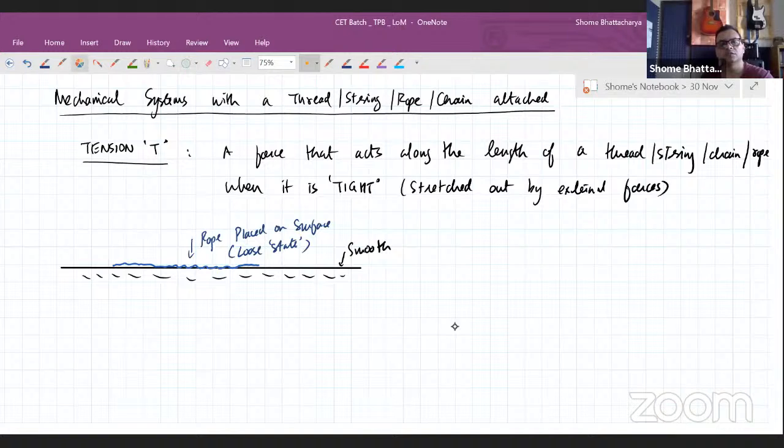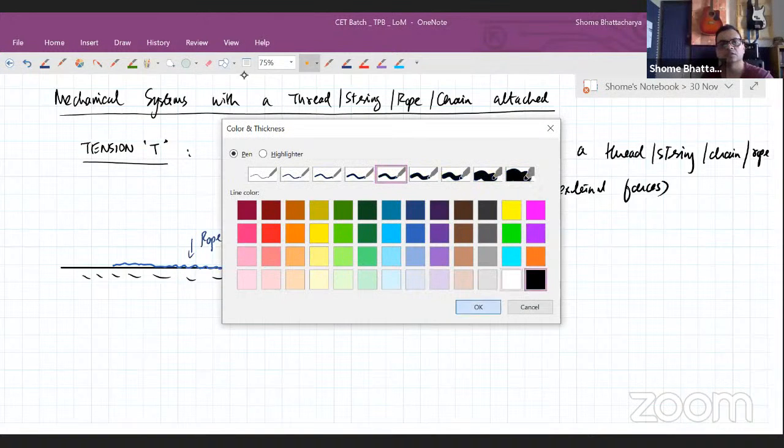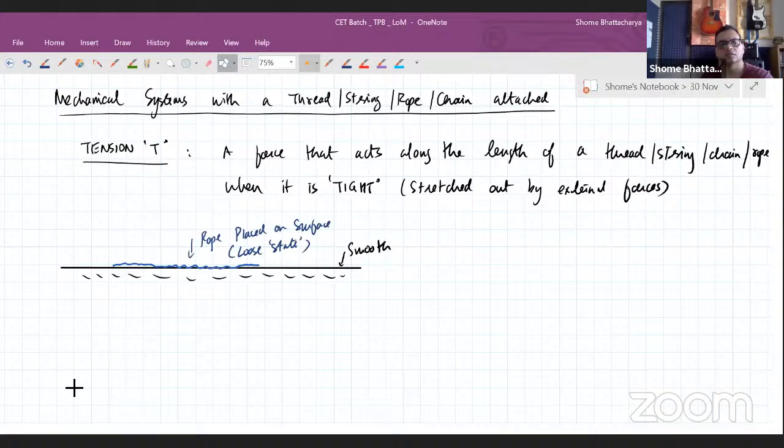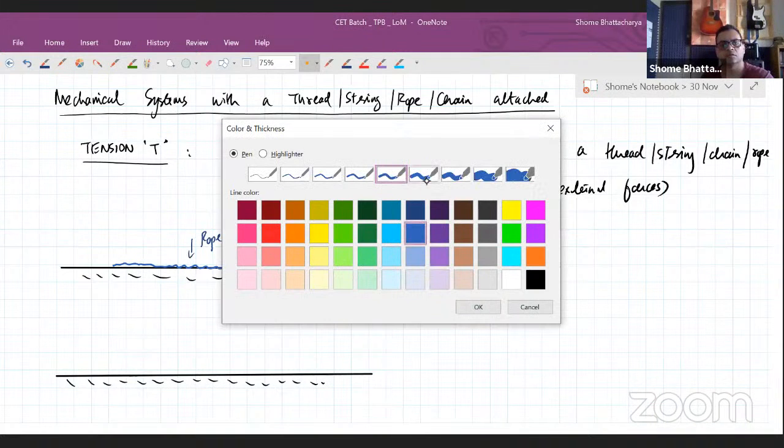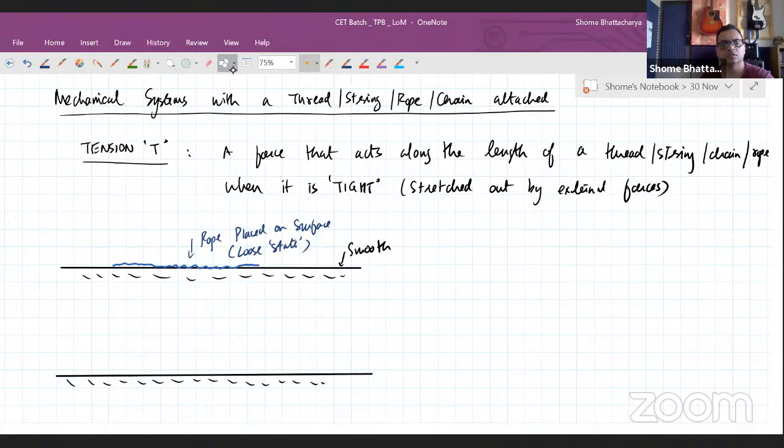But the moment we change that situation to a situation where the same rope is now, instead of being in a loose kind of state, under tension because it is being pulled, let's say, at both the ends with some force.